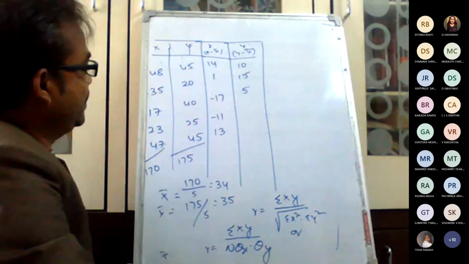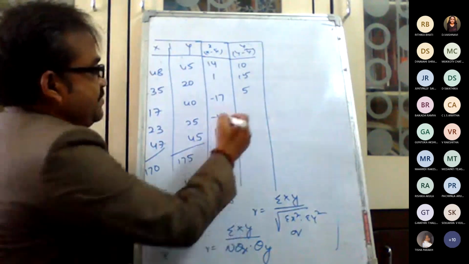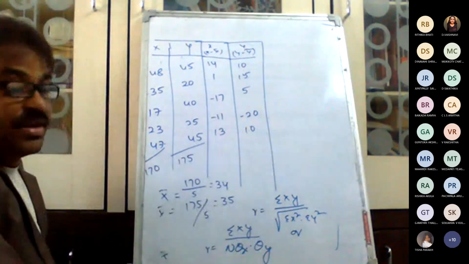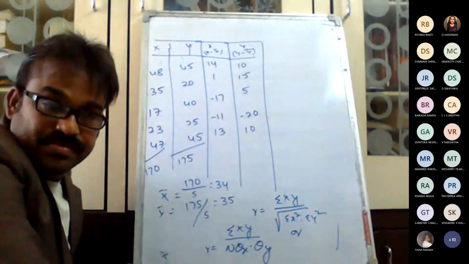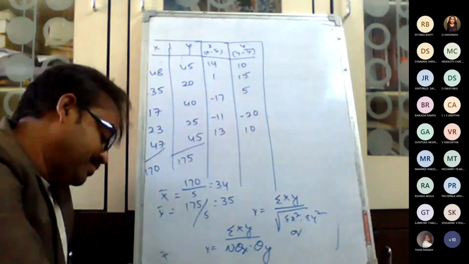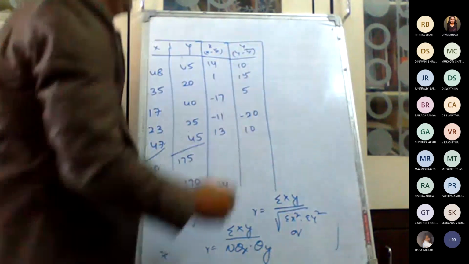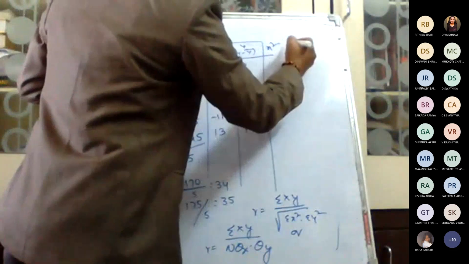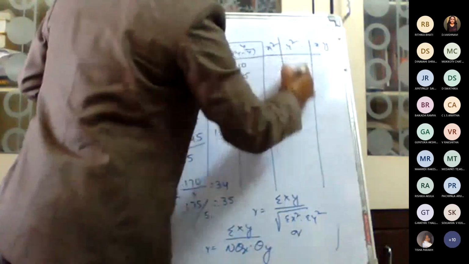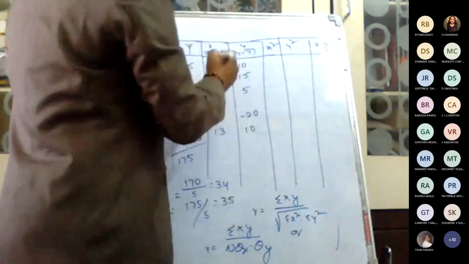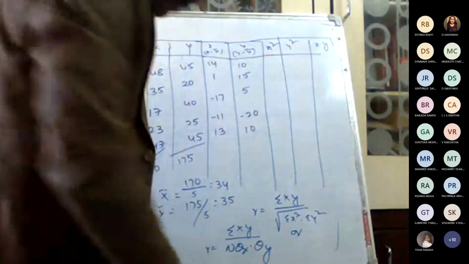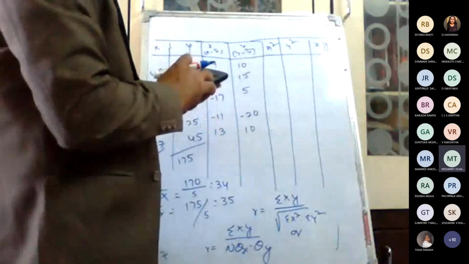Now 40, then 25 minus 35 is minus 10. So these values are correct? Correct only, sir. Okay. Now x square, y square, x into y. First we will do 14 into 14, 196.